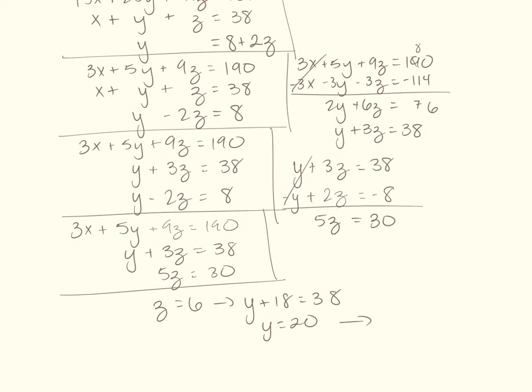And then we're going to plug in both y and z into the first equation, so we get that 3x plus 100 plus 54 is equal to 190, so 3x is equal to 36, so x is equal to 12.